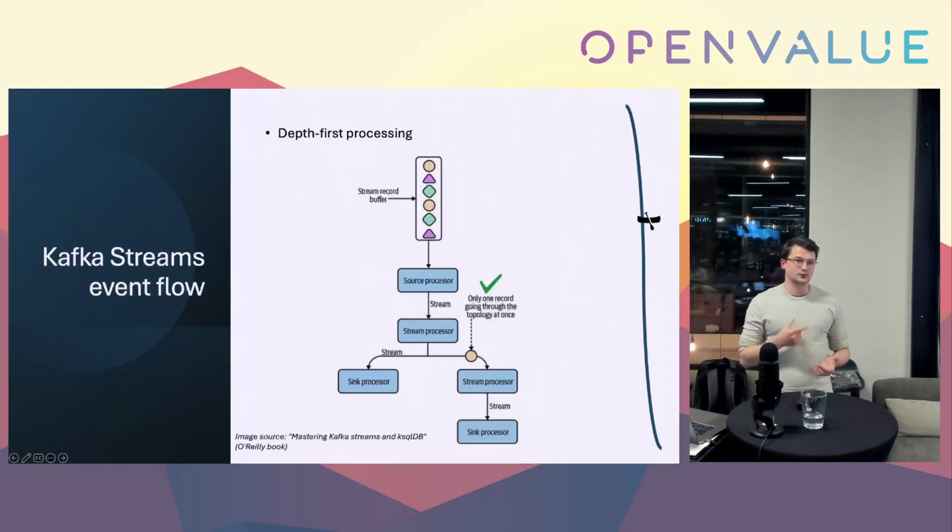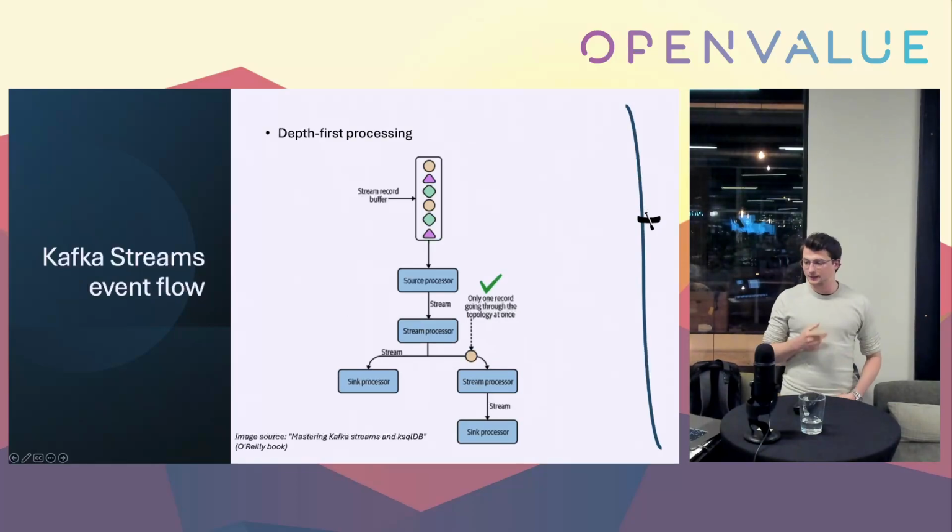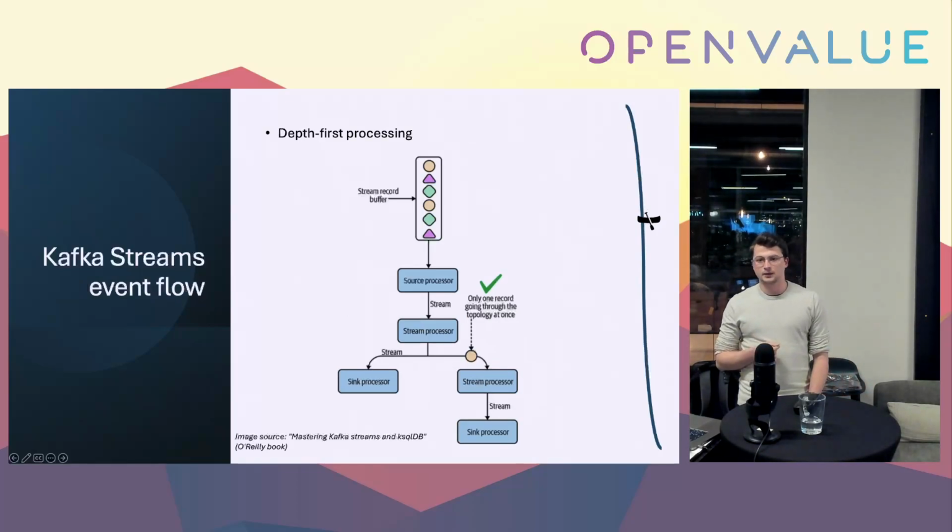And the data moves through it in a depth-first fashion. So Kafka pulls in a batch of these records from the topic, and then each record from the topic goes through the whole topology, and then, for instance, is sent to Kafka again, and then it starts processing the next one.